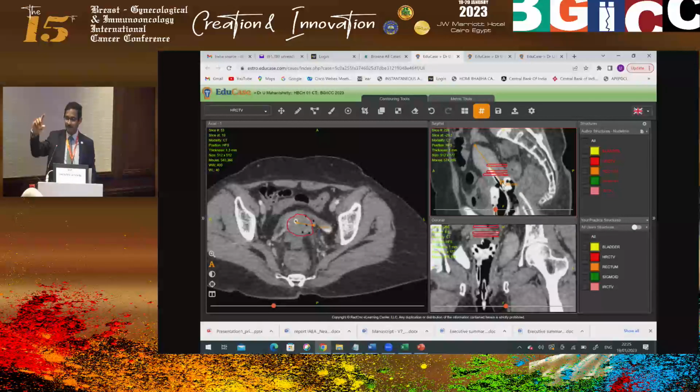So I would divide it by 65%. So 6.5 would be roughly around 4.5. So what I would do is my contour of high risk CTV would be in this region. Upper end would be at this level. So I would contour entire volumes here up to this level. So in that region, I overestimate high risk CTV when there is no information of MRI diagnosis.